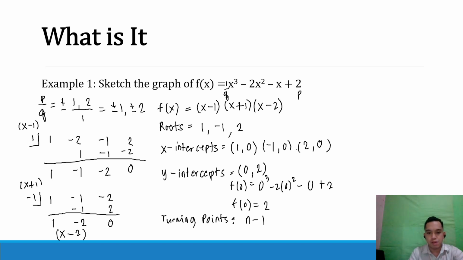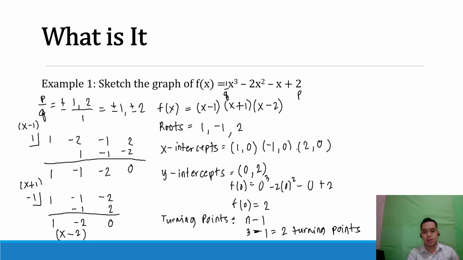Here, n is our degree. So what is our degree here? 3. So 3 minus 1 is equal to 2. So we have 2 turning points here, class.